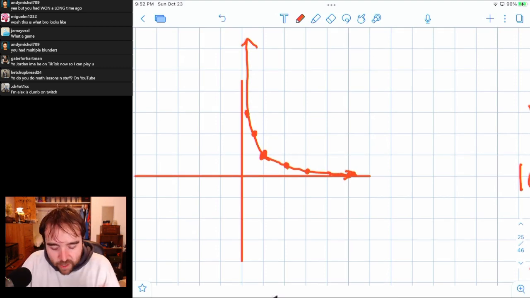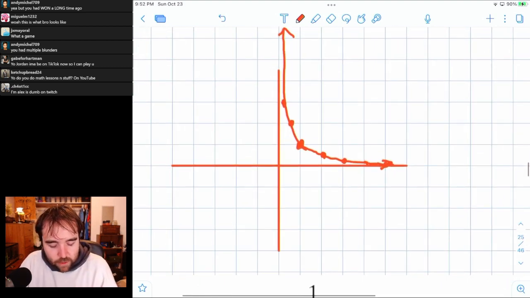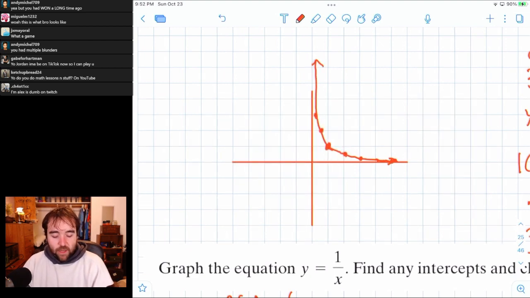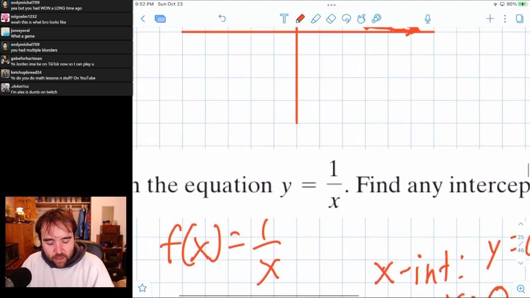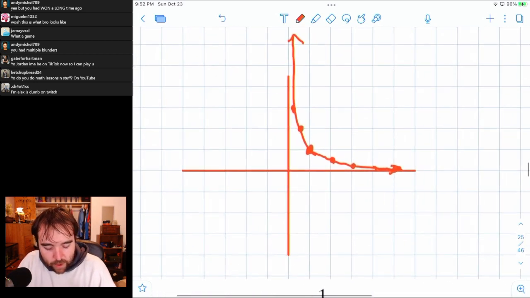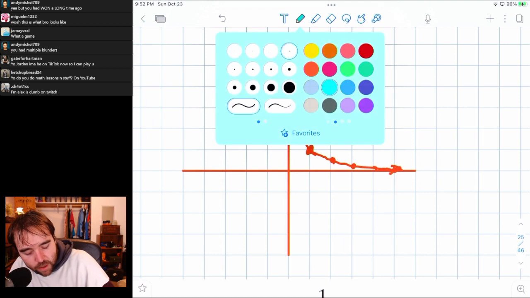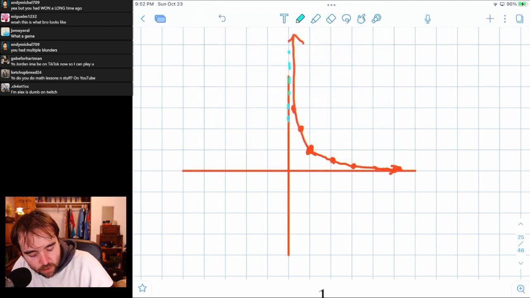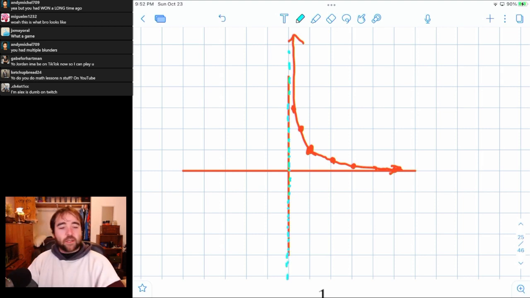But like we said, we can't actually plug in 0, because this graph doesn't have an x-intercept or a y-intercept. It does not have a y-intercept because you're not allowed to plug in 0 for x. You'd get undefined. And so what this actually has here is what we call an asymptote. That's what you call it when the graph gets closer and closer to the axis, but never actually touches.